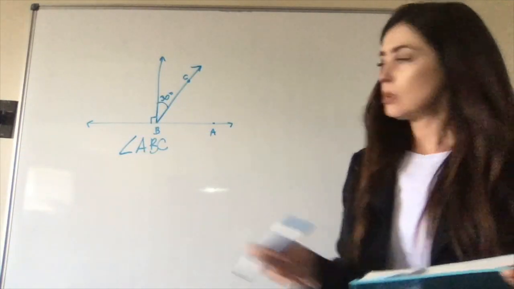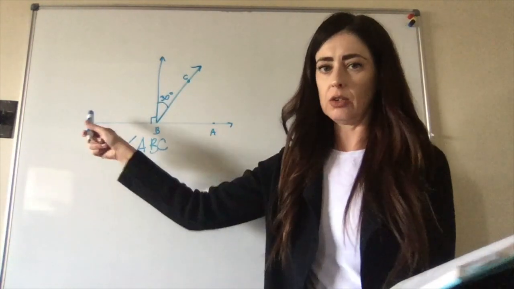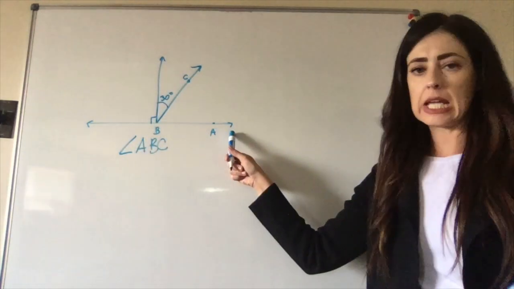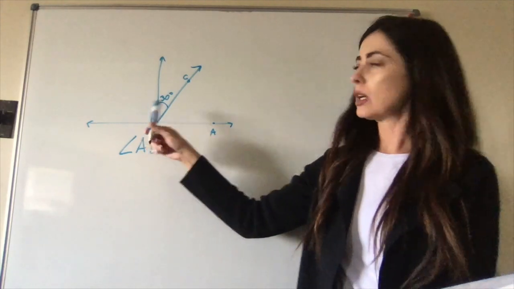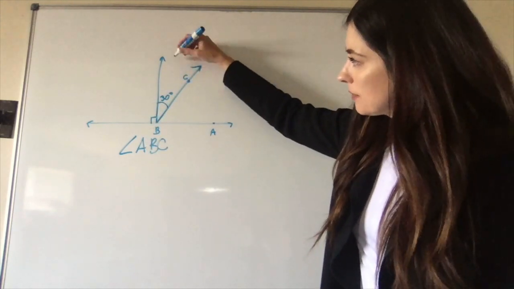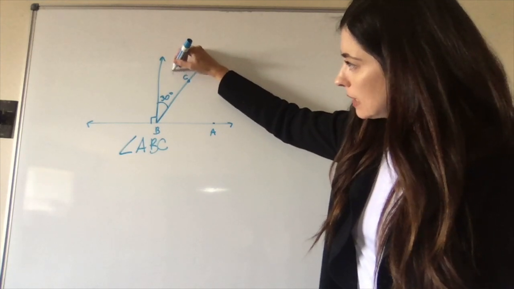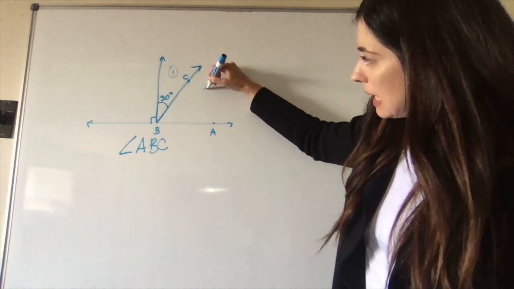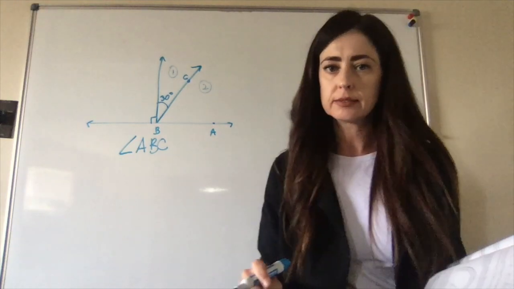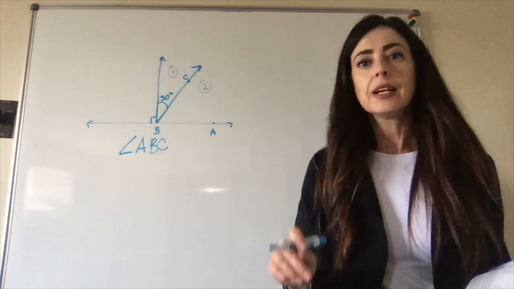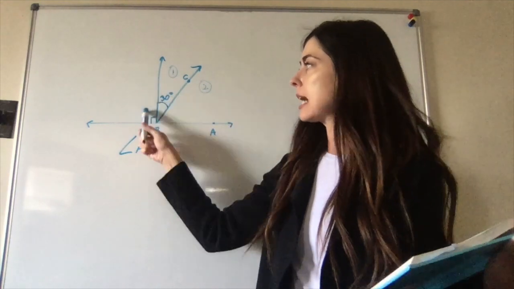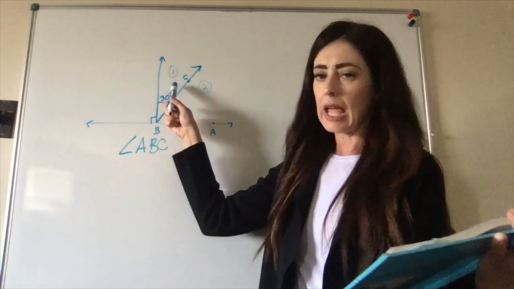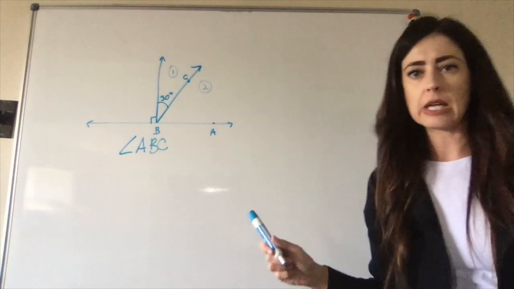So if you know that this is a 90-degree angle, and if this is a straight line, okay? If this is 90 degrees, this angle, we'll put a 1 here. This angle 1 and angle 2 have to equal what? 90 degrees, okay? Because if this is a straight angle and this is 90 degrees, that means that angle 1 plus angle 2 equals 90 degrees.